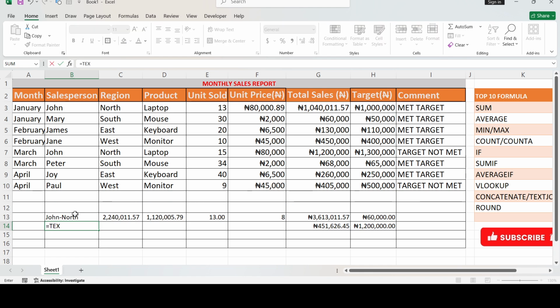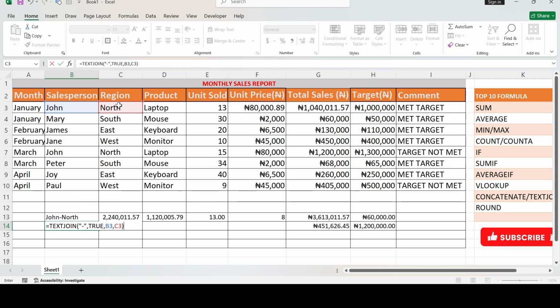Equal to text join. You first of all input what you want it to concatenate with, true, comma. You now input what you want it to concatenate with first. Unlike the first one, you close the bracket.